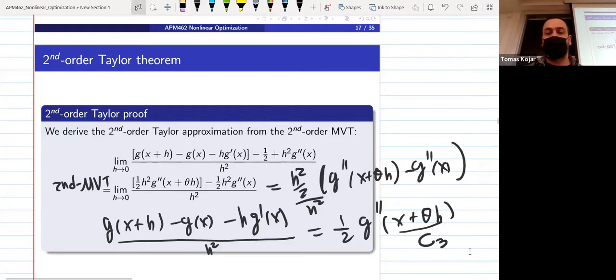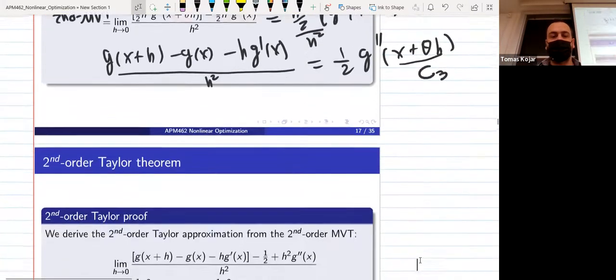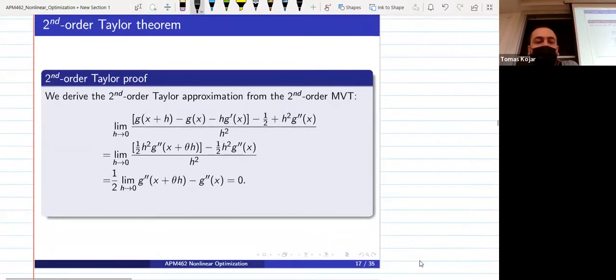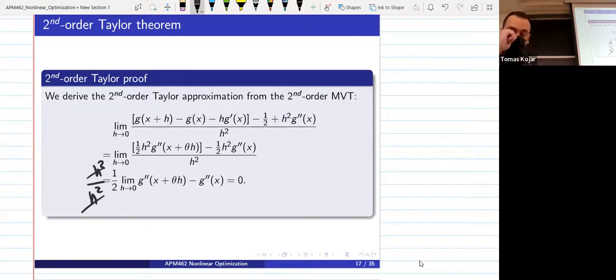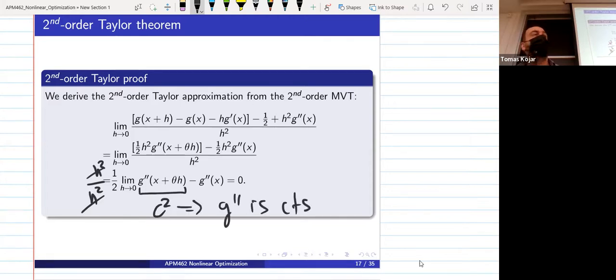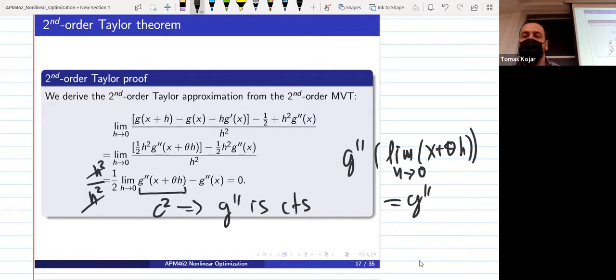Okay, so let me go to the next step. Over here, we have an h squared on top and an h squared on the bottom, and they cancel out. Is that okay? And then we assume C2, so that means G double prime is continuous. So you can swap limit and function. So you have G double prime of the limit of x plus theta h, which is G double prime of x.